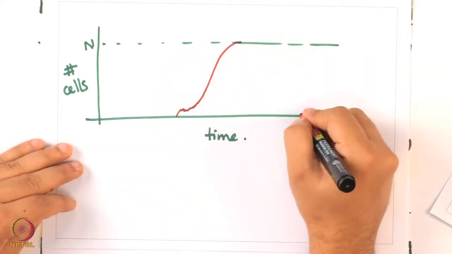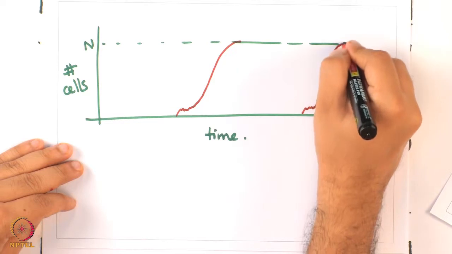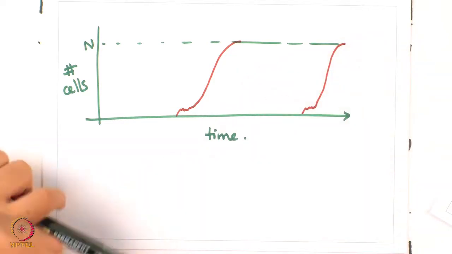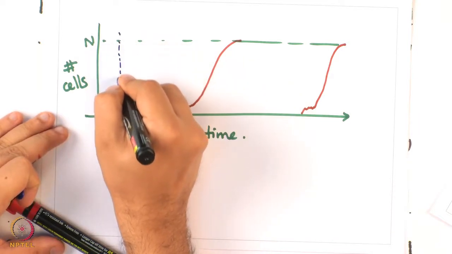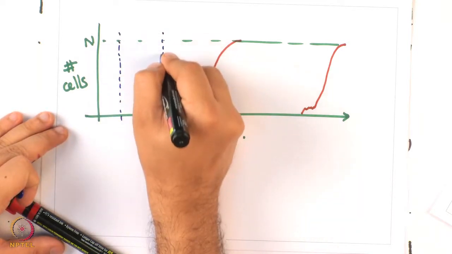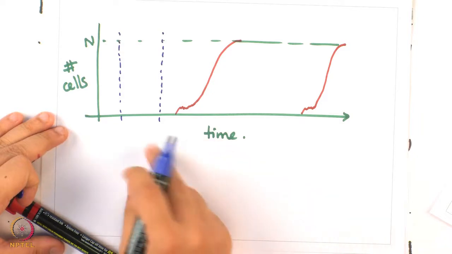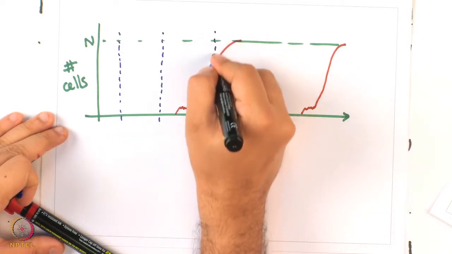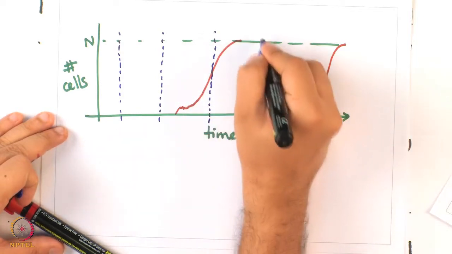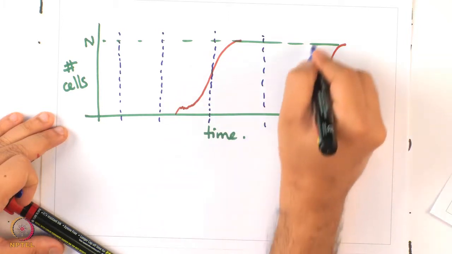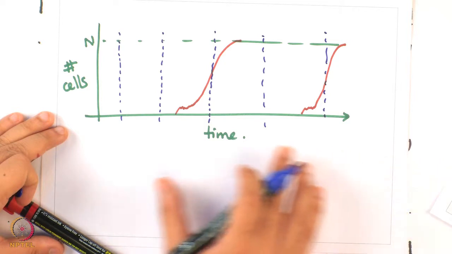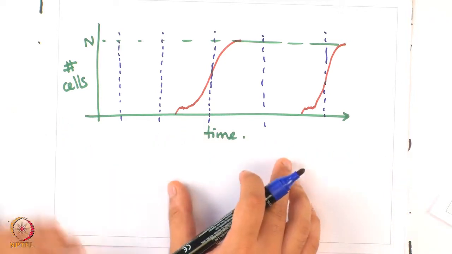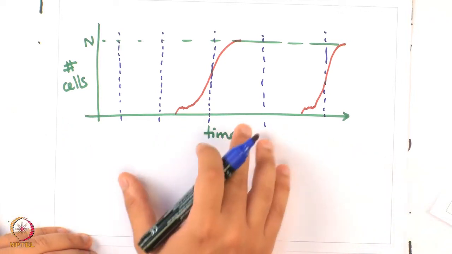And then the next one occurs somewhere over here, and so on and so forth. The implicit assumption is that if I were to draw a vertical line which corresponds to a particular time, so this is like a snapshot of the environment at each of these times, in any of these snapshots, the maximum number of genotypes that exist in the population is equal to 2.